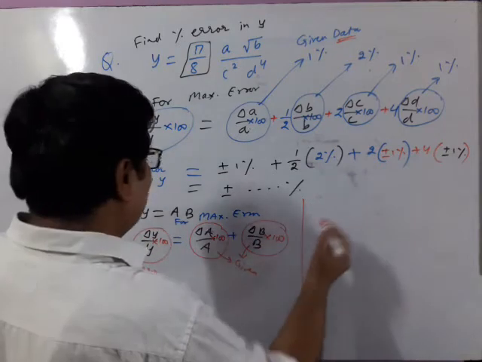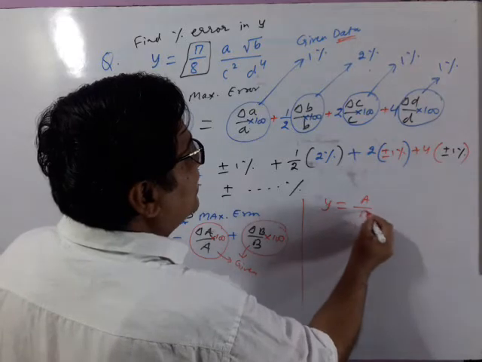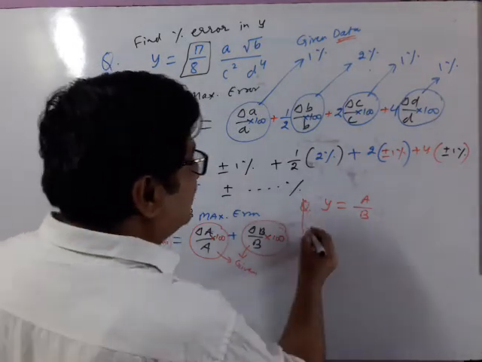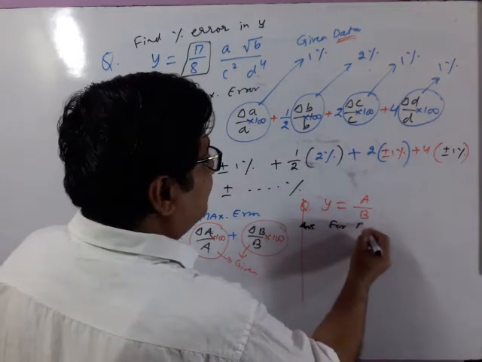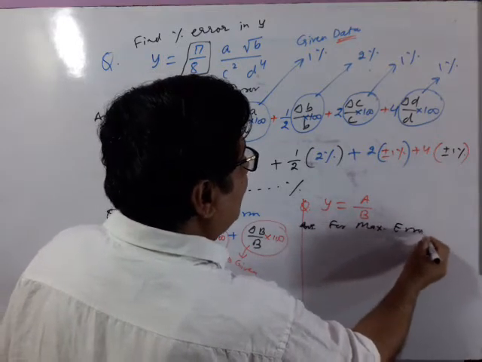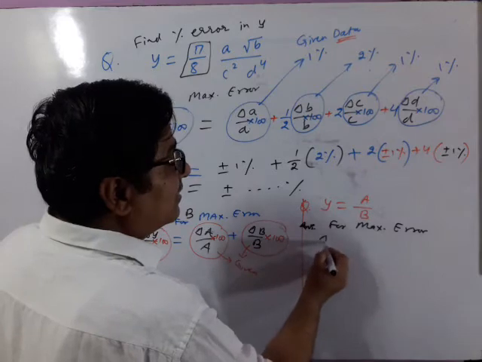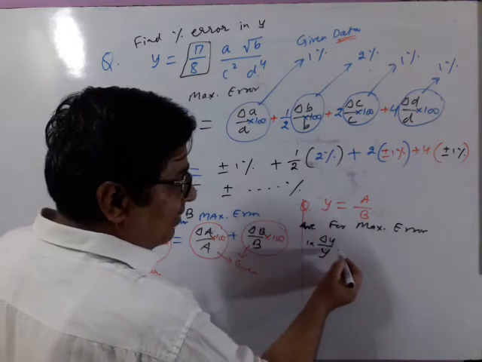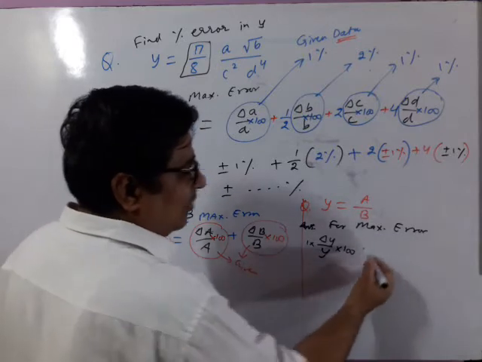See the next. Again the simplest. Y is given A upon B. Then what will you do? Same technique. Just write for maximum error. If it is Y, delta Y by Y. Now you write directly into 1. Power is 1 into 100. You write directly now.